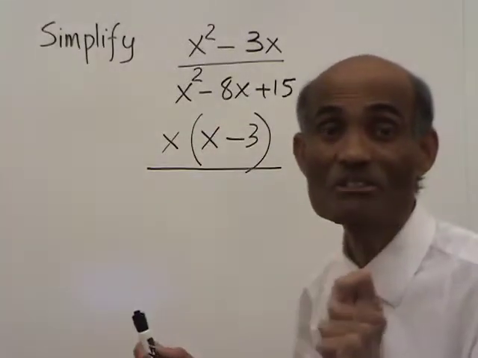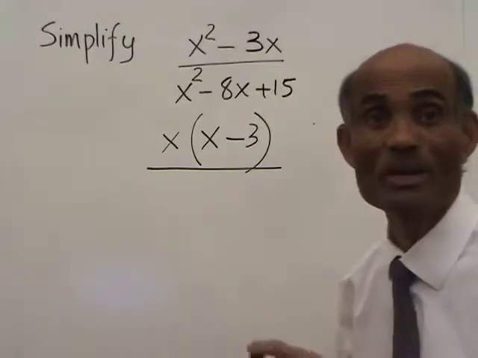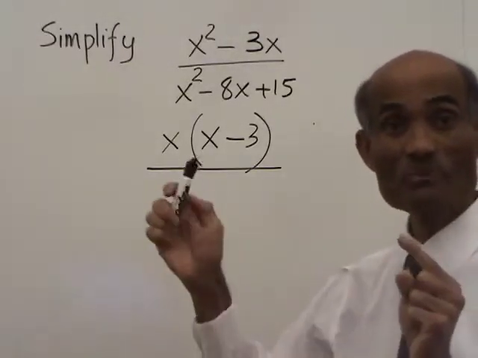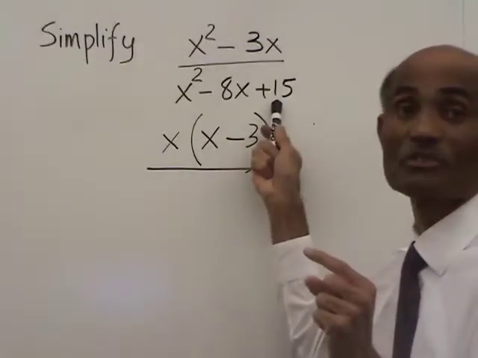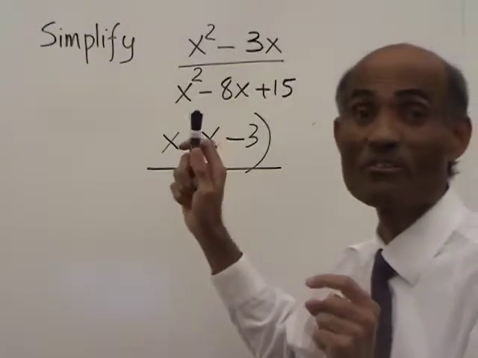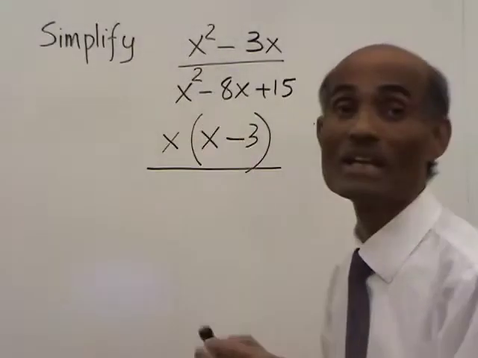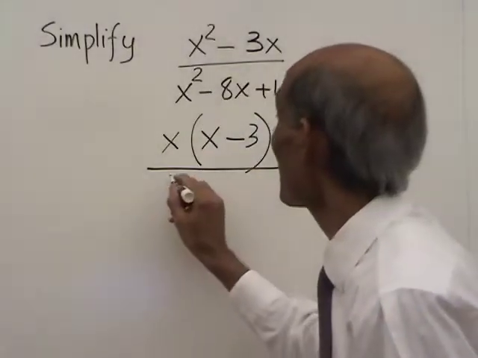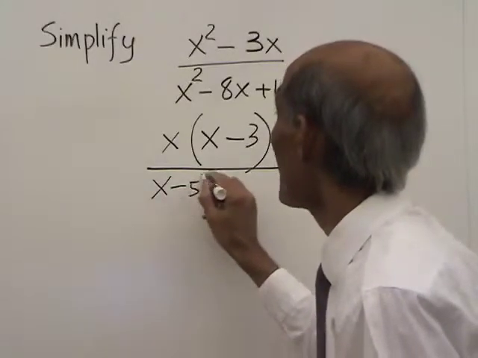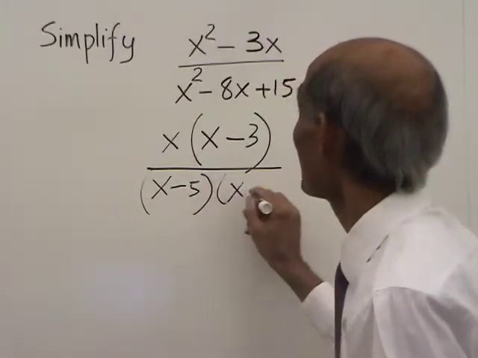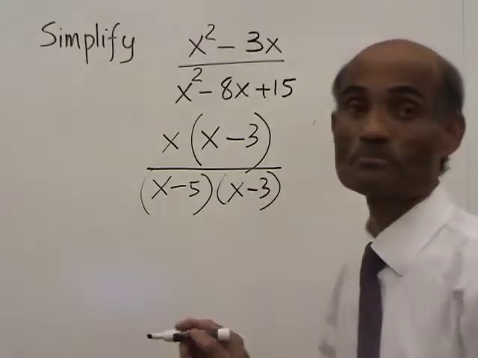That will be negative 5 and negative 3. Negative 5 times negative 3 is positive 15, and negative 5 added to negative 3 is negative 8. So the factors are x minus 5 times x minus 3.